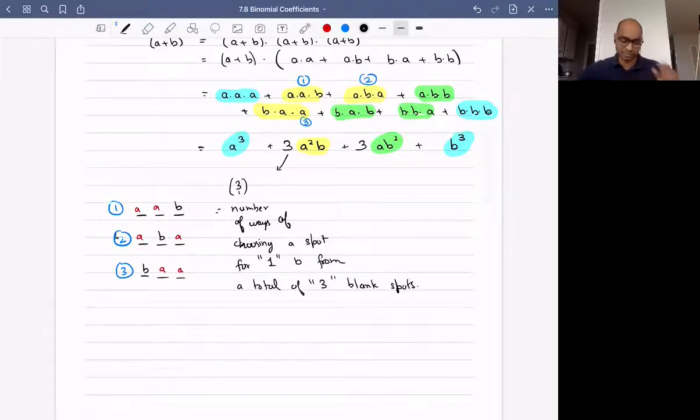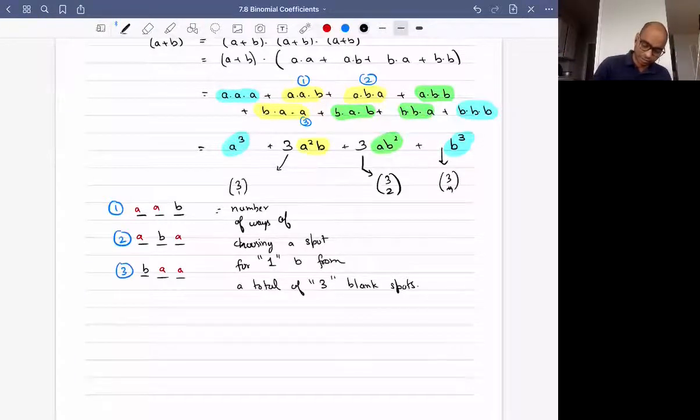Similarly, the coefficient of AB square is going to be 3 choose 2, because I'm deciding where to put the two B's in the 3 blank spots. The coefficient here is 3 choose 0, 3 choose 3, which is the same, and the coefficient here is 3 choose 0, which is 1.